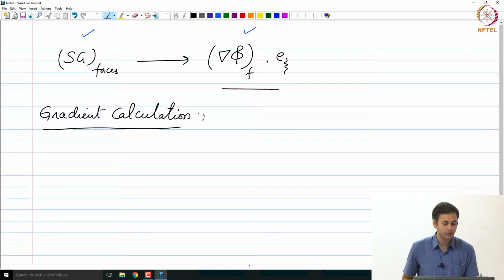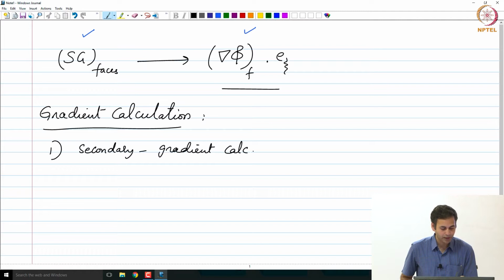So one of the reasons to calculate gradients is of course its requirement in the calculation of secondary gradient. Secondary gradient calculation requires the gradients of the dependent variable on the phases, right. There are several other instances where the gradients of the dependent variable are required. For example, if you are solving the complete Navier-Stokes equations, then we need to calculate the pressure gradient, right.